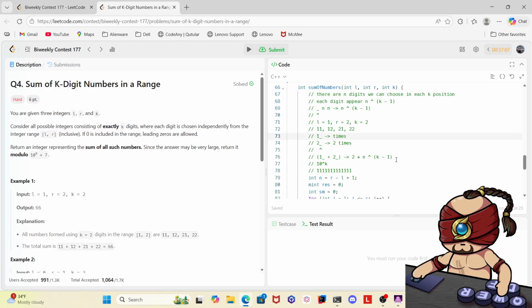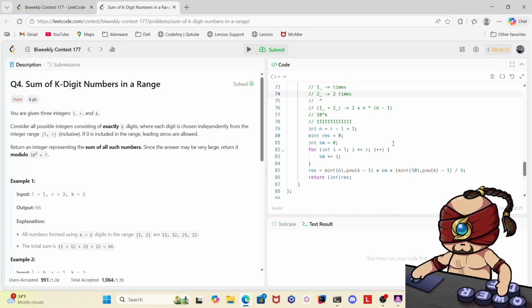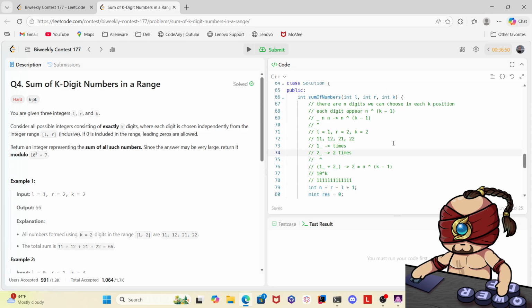How does this work? I kind of went over this when I was solving it to explain my thought process. So the code is short. I'll tell you that much.